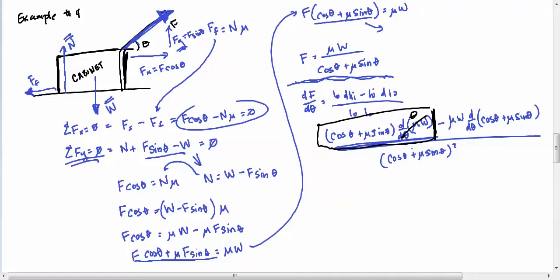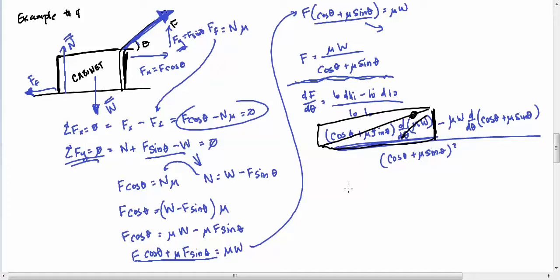So guess what? If that's 0, then what's cosine of theta plus mu sine theta all times 0? Well, that whole thing's 0. So I'm left with just the straight up negative, whatever. Let me see. I need to take the derivative of this part.